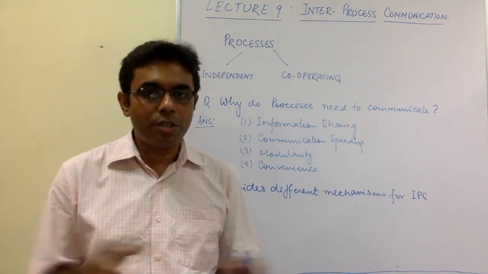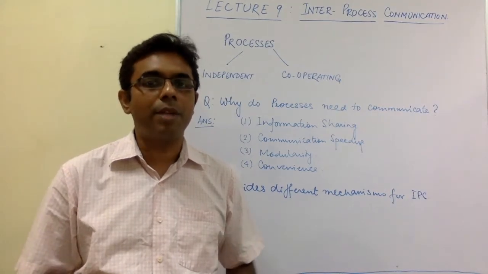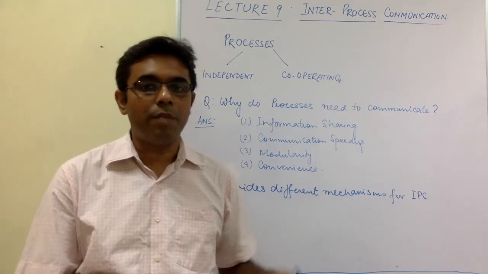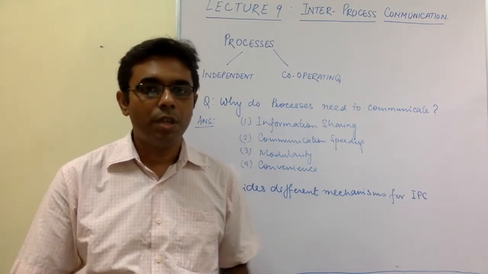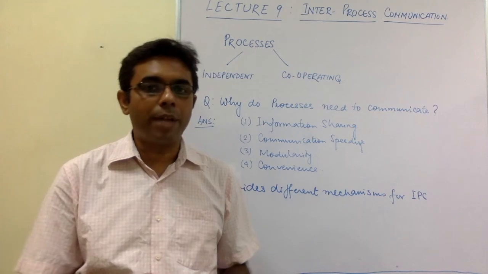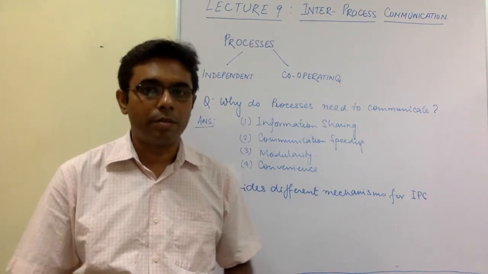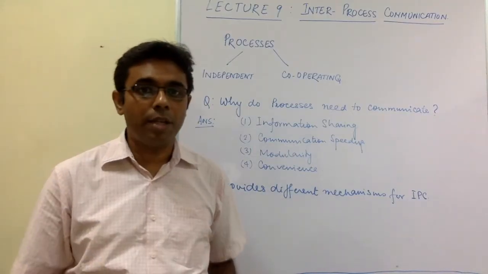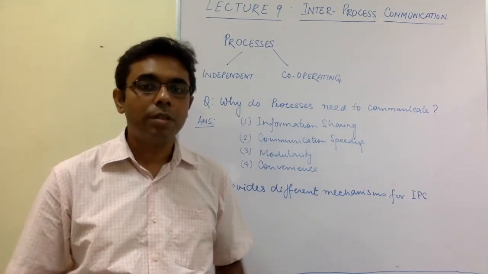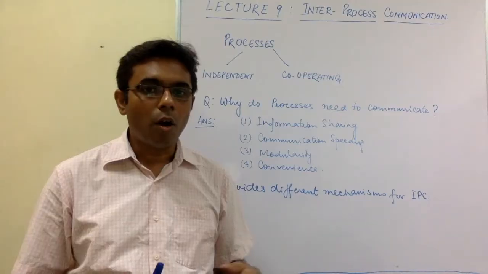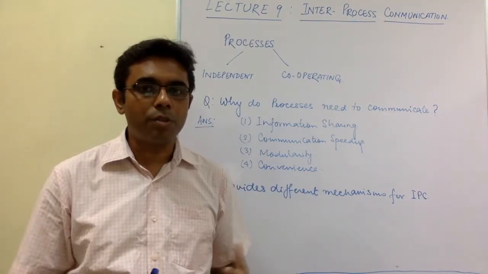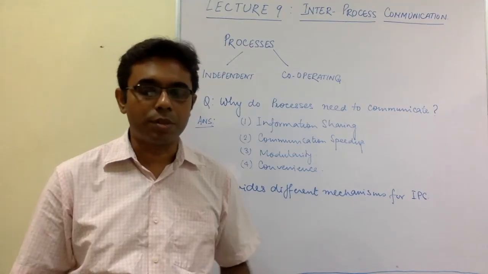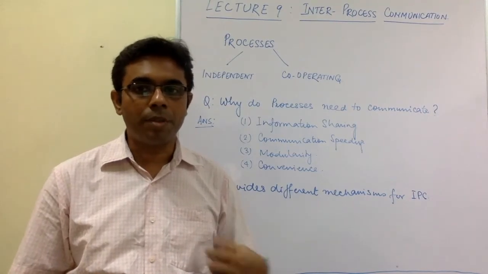But because these sub-problems will have some kind of dependence, that is, they would need some information from some other process, they would need to have some kind of mechanism to communicate. So these are the reasons why processes have to communicate among themselves, which means there must be some mechanism by which a process would be able to transfer some data to some other process or receive some data from some other process.